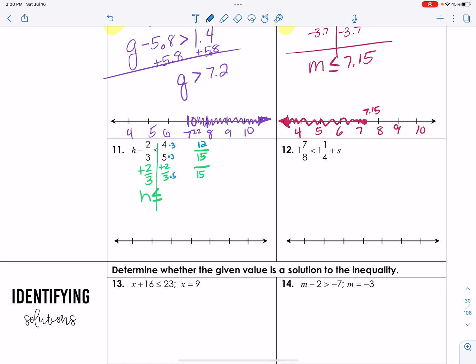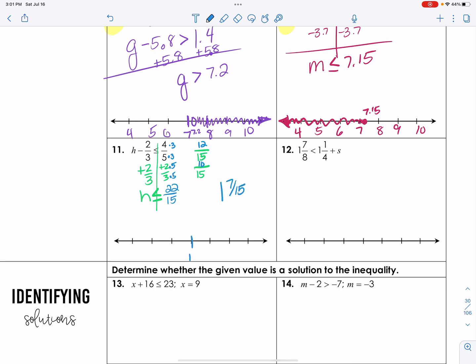Here I'm going to times by 5 and get 10. So when I add those two things together, I would have 22/15, right? So I end up with 1 and 7/15.